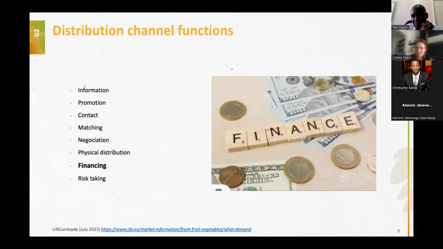The functions of distributors, and I'm going to talk about distributors who could be retailers or wholesalers or aggregators, okay? The first one is that, as was said before, they provide you with feedback.